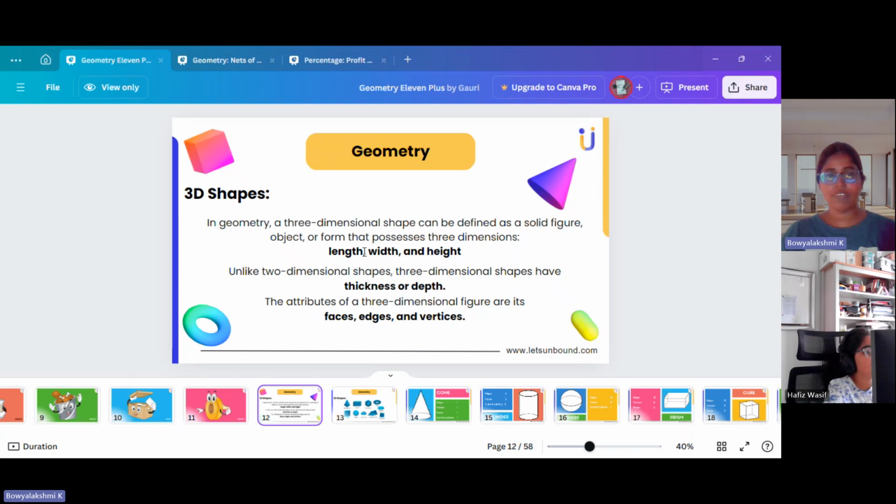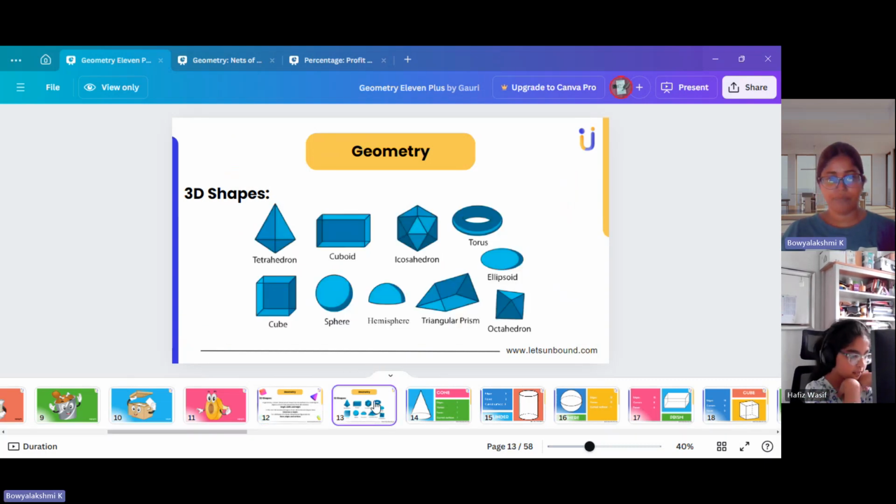And 3D shapes, we have already seen that they have length, width, and height, thickness, depth. So here we have some features like faces, edges, and vertices. And here, these are the 3D shapes. Tetrahedron. What is this tetrahedron? Your base will be a triangle. From all three corners, if you tie a thread tightly at one point, that will form a tetrahedron.